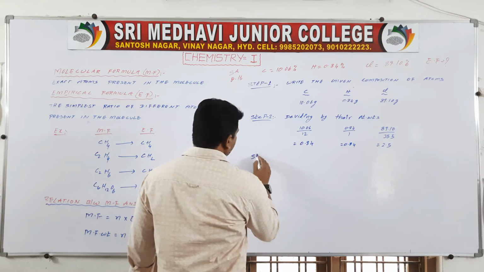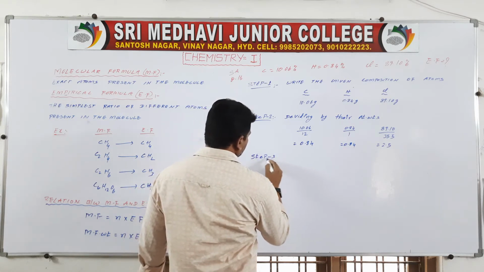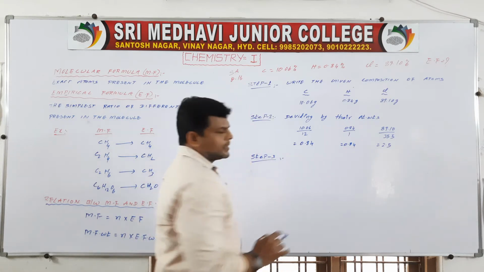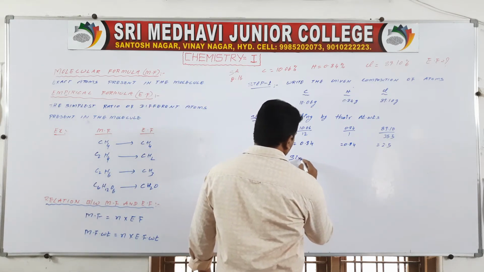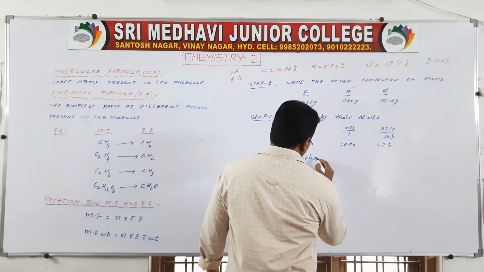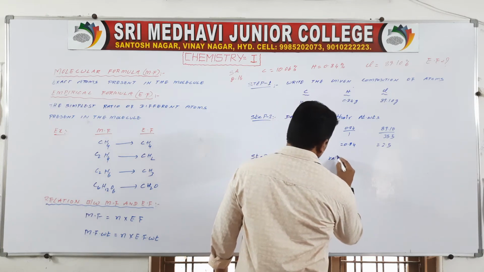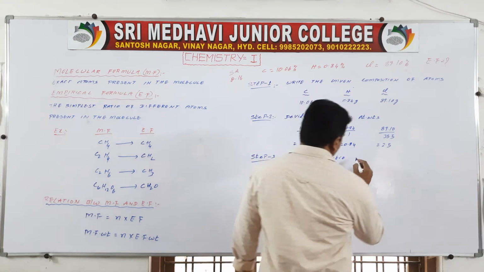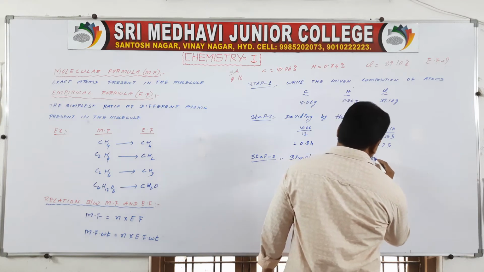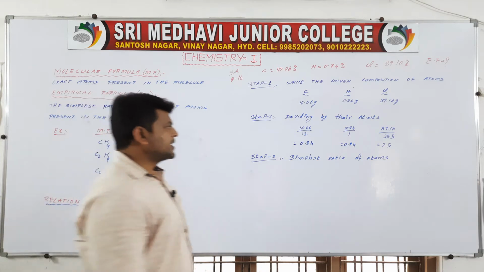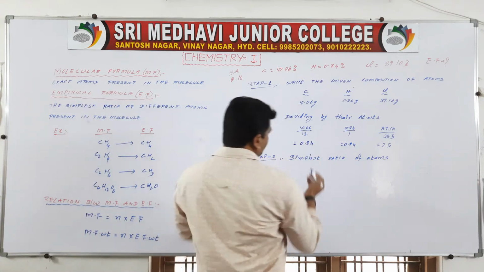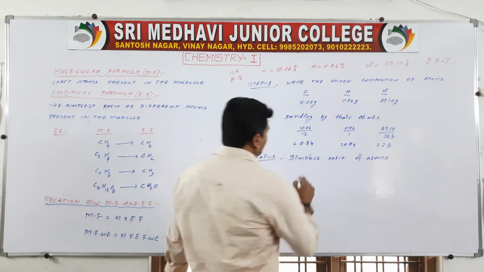Next, in step 3, simplest ratio of atoms. Simplest ratio of atoms means dividing by the least number, which is 0.84.